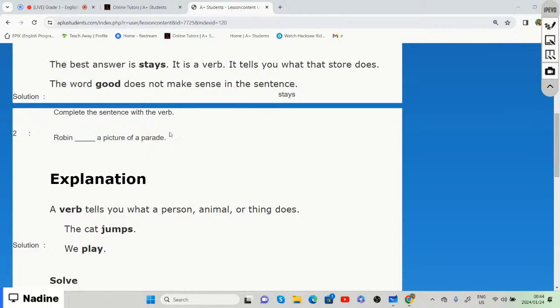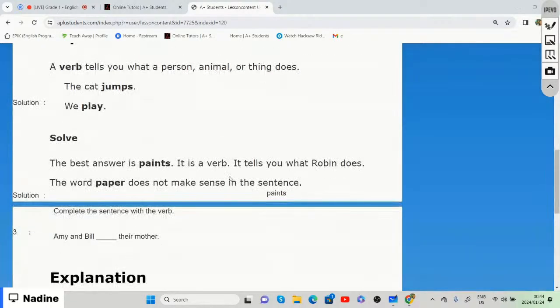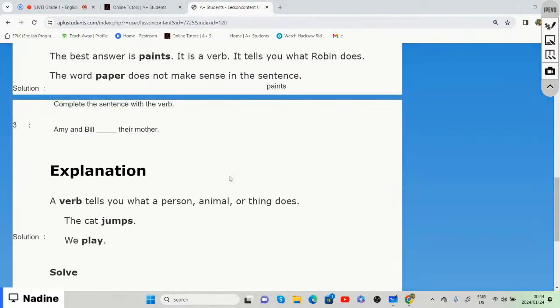So Robin paints a picture at the parade, and we already mentioned that one.